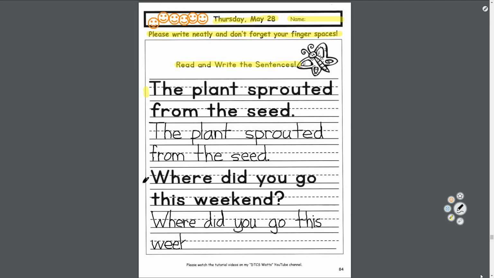Remember the weekend, Saturday and Sunday. And it's a question, so we'll end our sentence with a question mark. Where did you go this weekend?